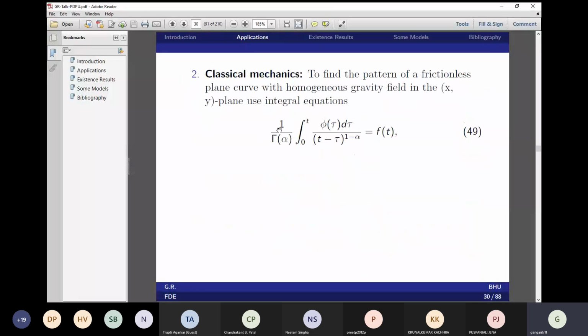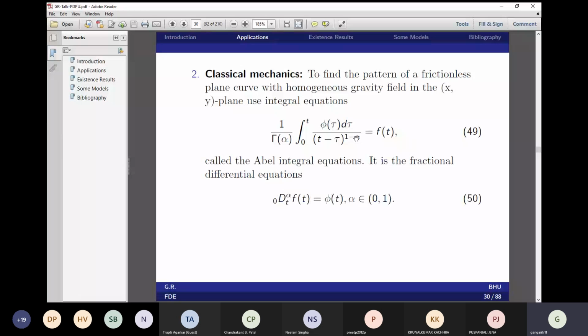The second application is found in classical mechanics. Basically, to find the shape of the frictionless plane curve in a homogeneous gravity field in the xy plane, we can use an integral equation, and that equation represents Abel's integral equation.